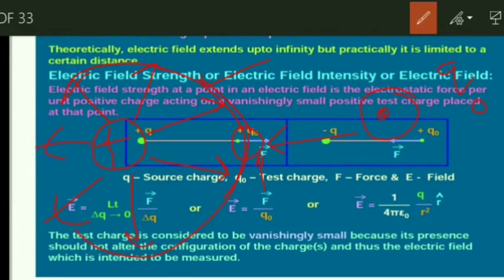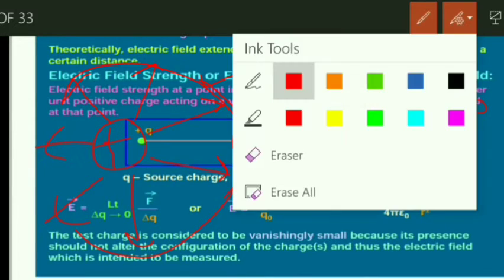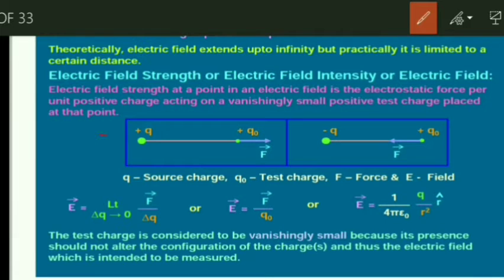In place of the bigger charge there may be a system of charges. Suppose this is a system of charges. Now they have a field and they occupy a space in which this field exists.